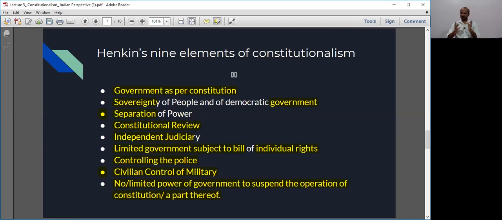Now one can ask, do citizens of India enjoy civilian control of the military, or is there any say of citizens of India in control of the military? Similarly, are police behaving in a restrained manner, or are they using excessive force? This is something which you can quote. Recently, in Delhi, there was a riot in the wake of the CAA.